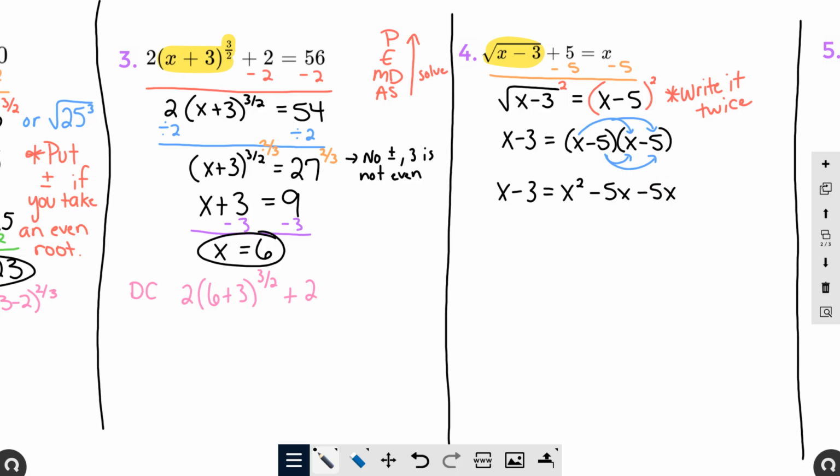And -5 times -5. Then let's combine those like terms. So keep x minus 3 on the left side. On the right, we have x squared minus 10x plus 25.